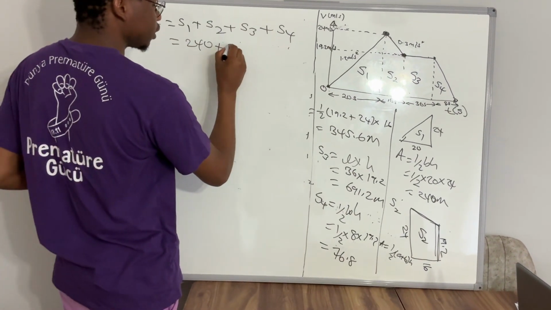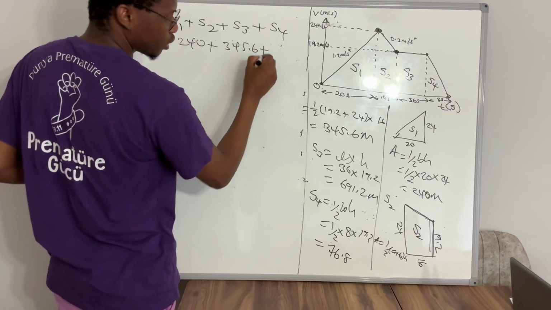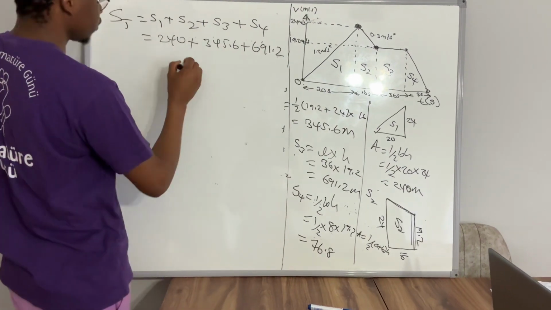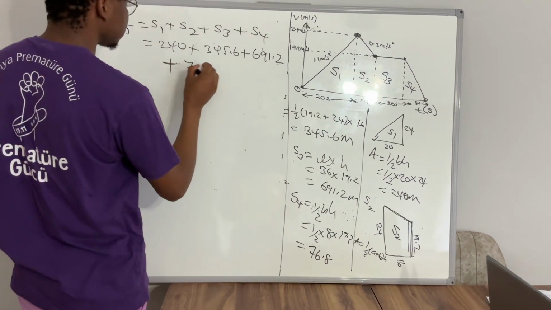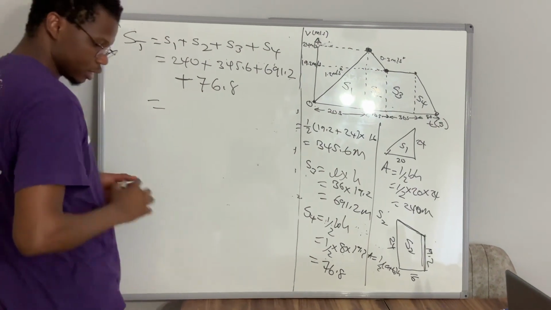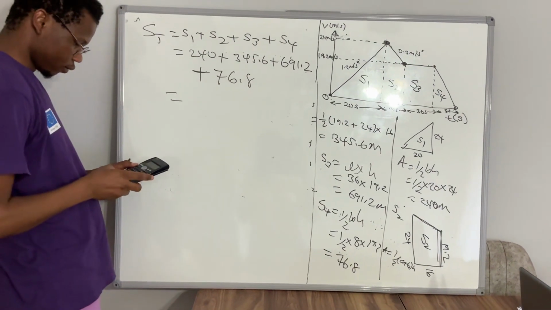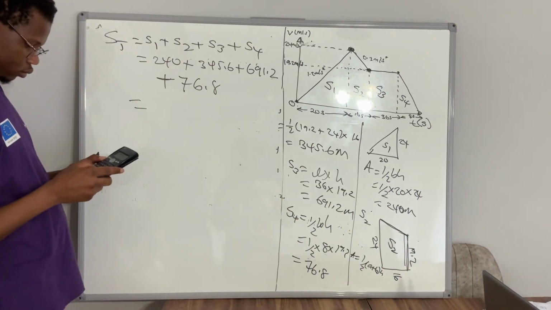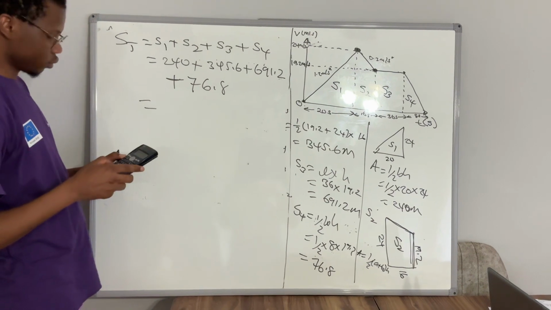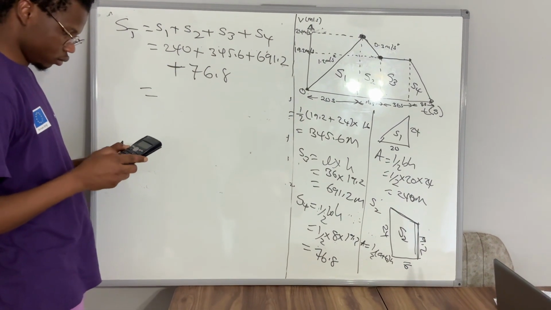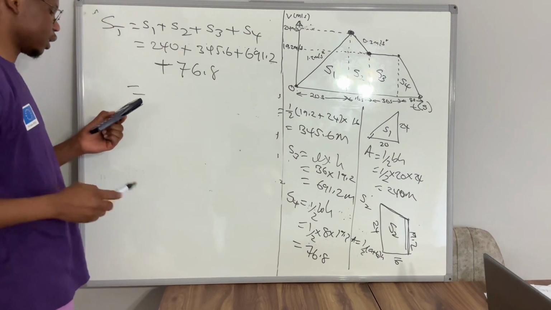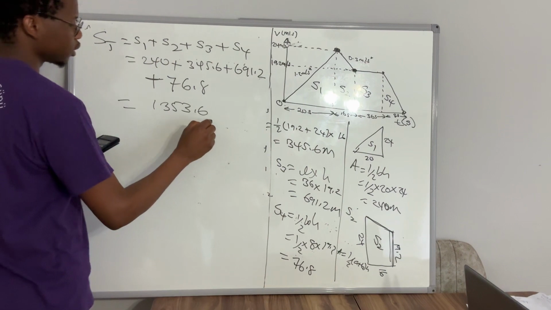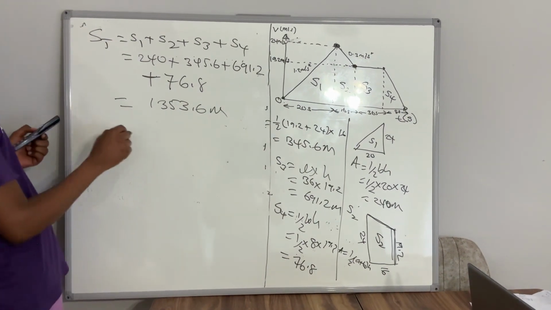S2 is 345.6. What is S3? 691.2. And what is S4? S4 is 76.8. Getting that total, what do we have? We have 1,353.6 meters. Okay, so that's the total distance.